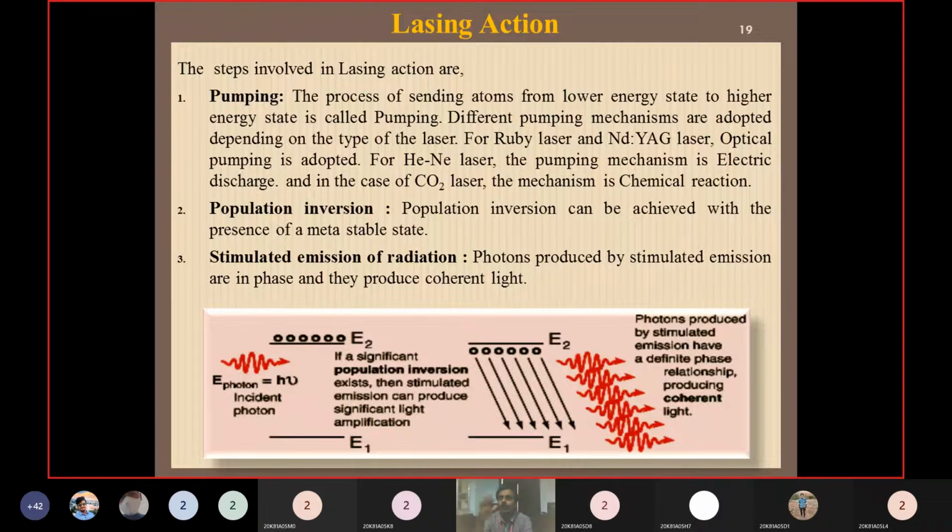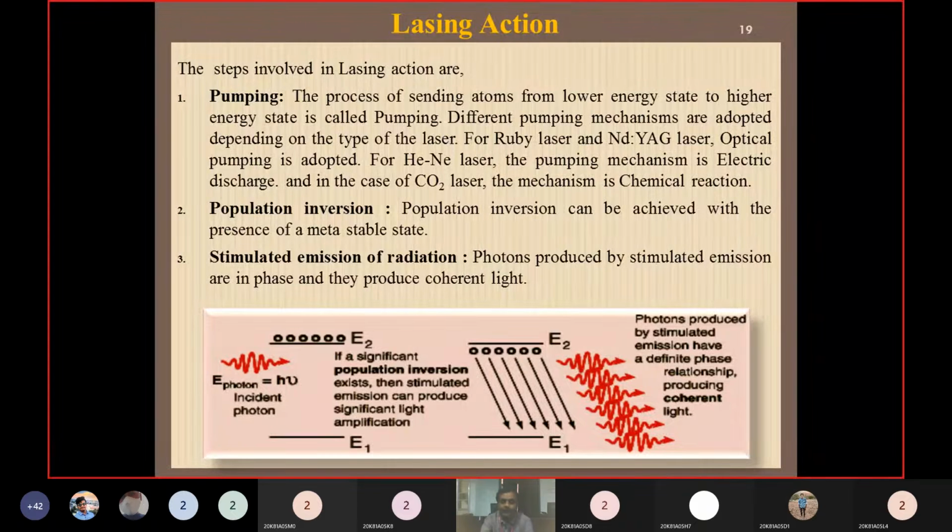This process we call pumping. See here the exact definition: the process of sending atoms from a lower energy state to a higher energy state is called pumping.